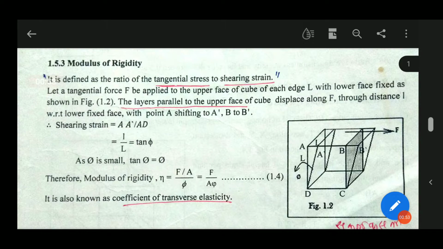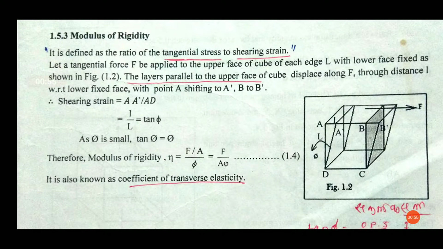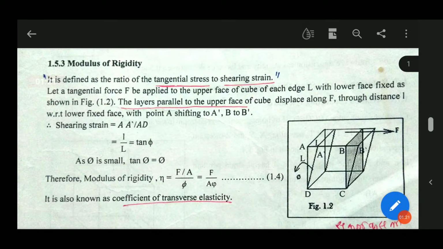Then this upper face, of side L, is displaced to another position, A dash, B dash, and this is shown in the figure. Let layers parallel to the upper face of the cube be displaced along F by a small distance l with respect to the lower fixed face, with point A shifting to A dash and point B shifting to B dash.